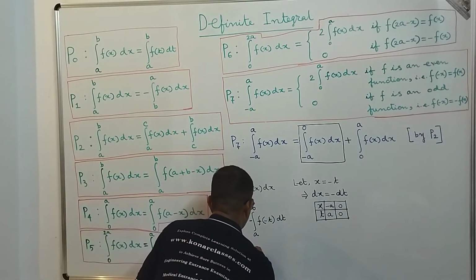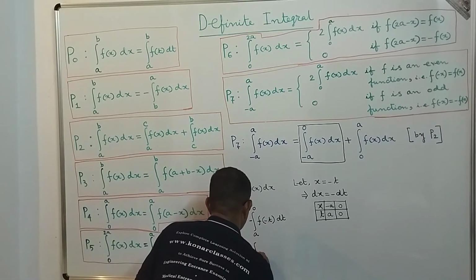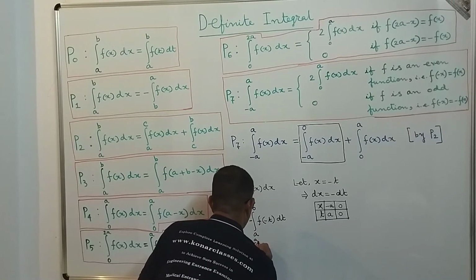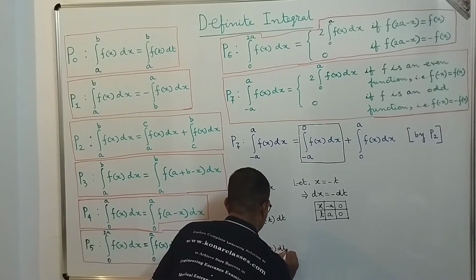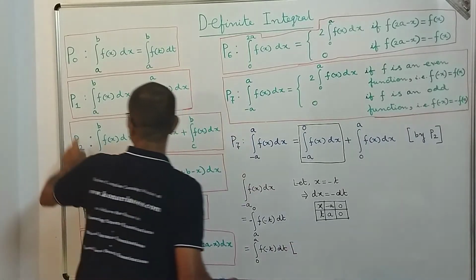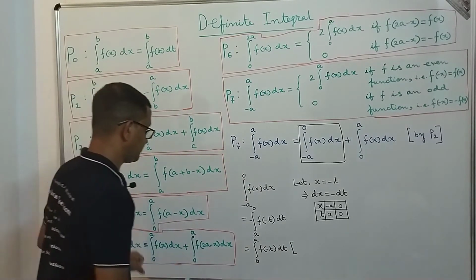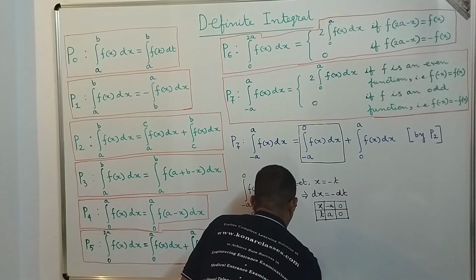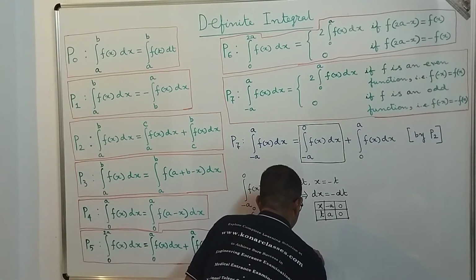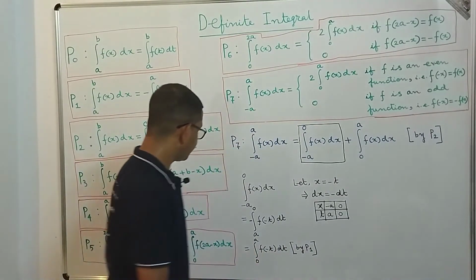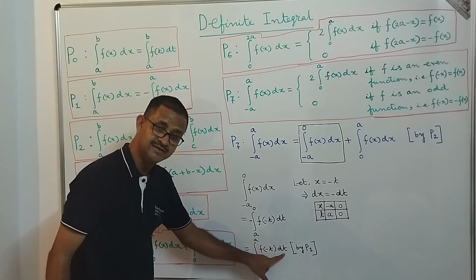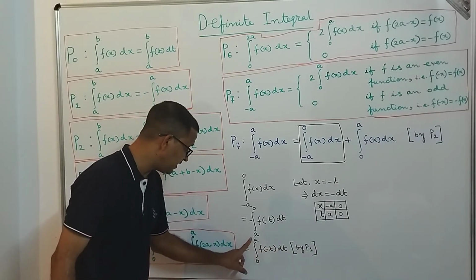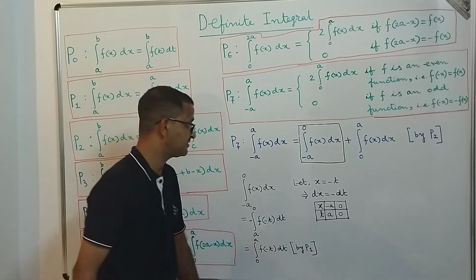So that is equal to integration 0 to a f of minus t dt, and that we are getting by means of property P1, correct? So we get that by P1. And dear students, integration 0 to a f minus t dt is integration 0 to a f minus x dx.